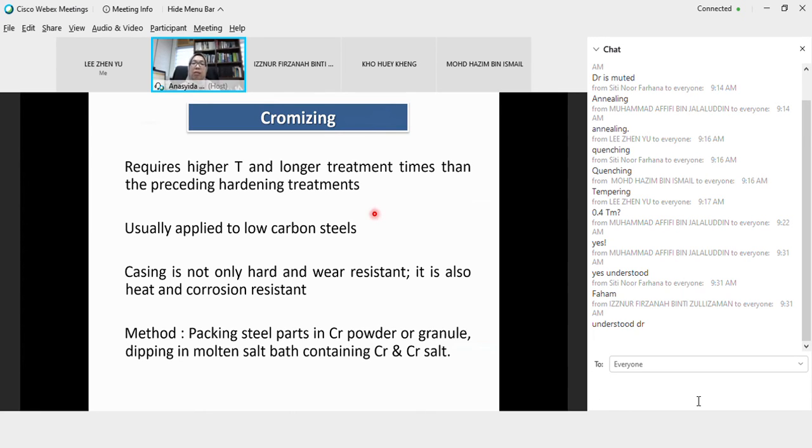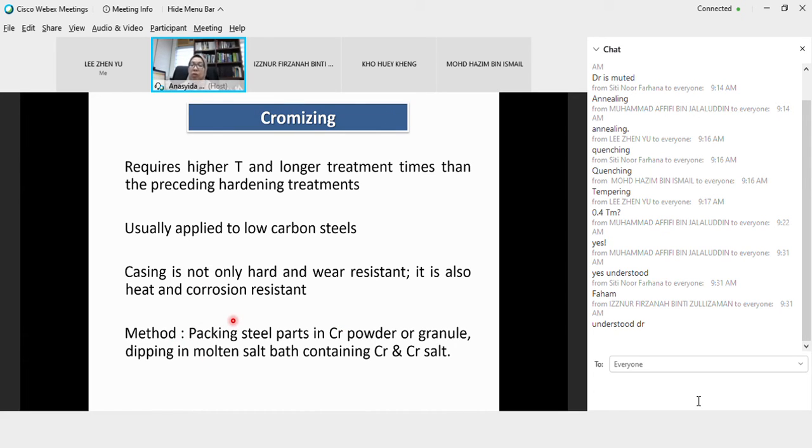And definitely kalau chromium kita ingat balik, kita akan bentuk chromium oxide which is good for the corrosion kan. Tapi dia require masa yang lama, and also dia punya durations also become very long. So you can actually use the same concept. Kita sama ada kita pack dengan chromium ataupun kita dip dalam molten salt.